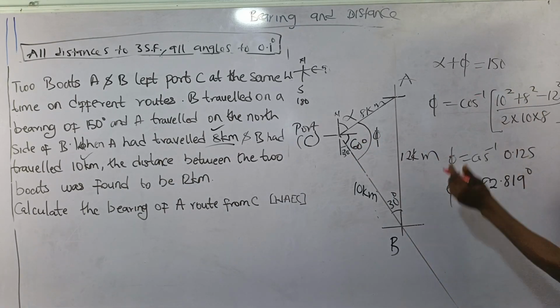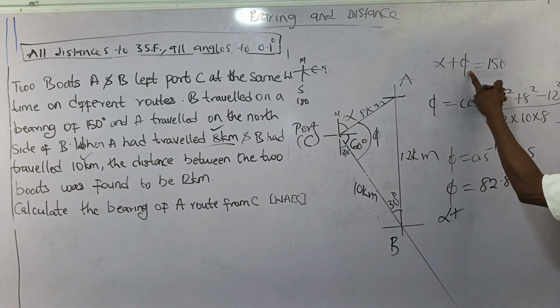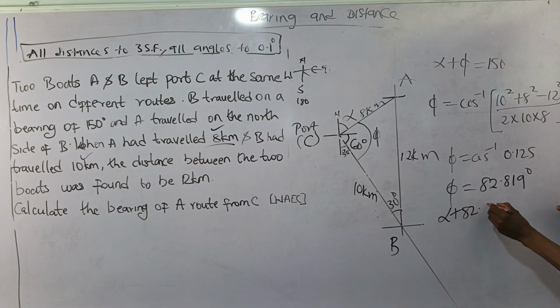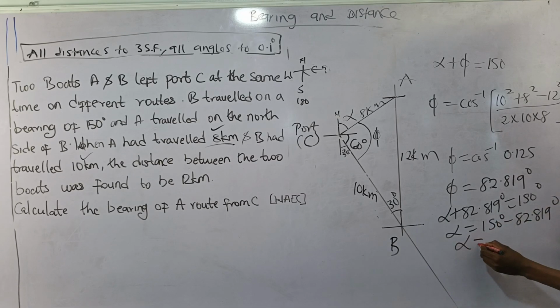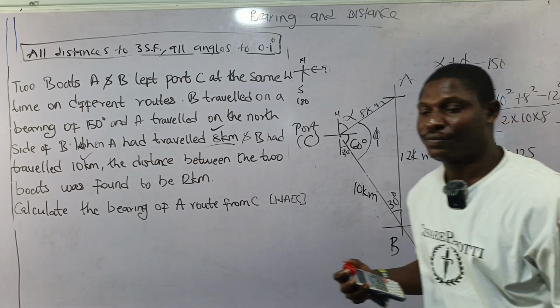Now, my alpha plus my phi, 82.819 degrees, will be equal to 150 degrees. So alpha will be equal to 150 degrees minus 82.819 degrees, giving me 67.181 degrees. So alpha will be equal to 67.2 degrees to 0.1 degree as instructed. And this is my answer. Thank you.